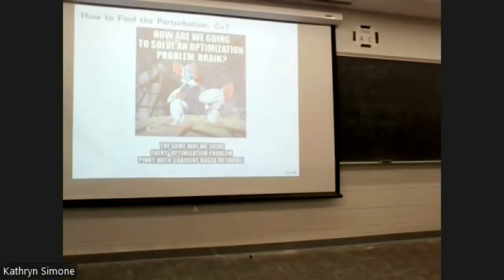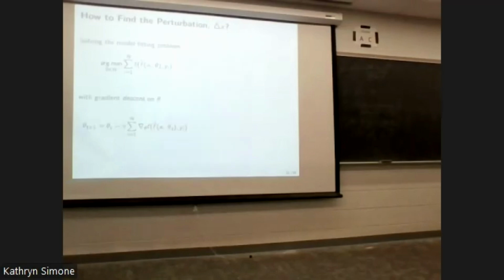So how are we going to find the perturbation? The optimization. It's a machine learning course, so optimization all the way. So let's compare how we train a network and contrast that with how we want to discover the perturbation.